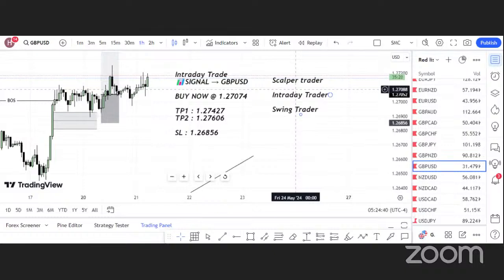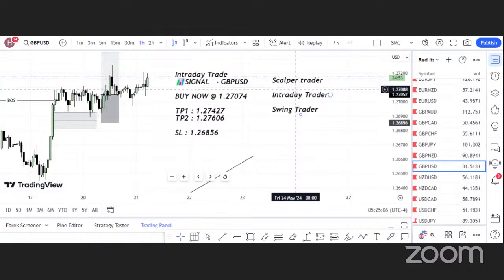It is now an intraday trade. An intraday trade is a trade that is expected to run within the day, within 24 hours. If you open a trade and it lasts up to 24 hours, the trade is an intraday trade. All right, guys, I hope you are getting the scope. Not a scalping trade.